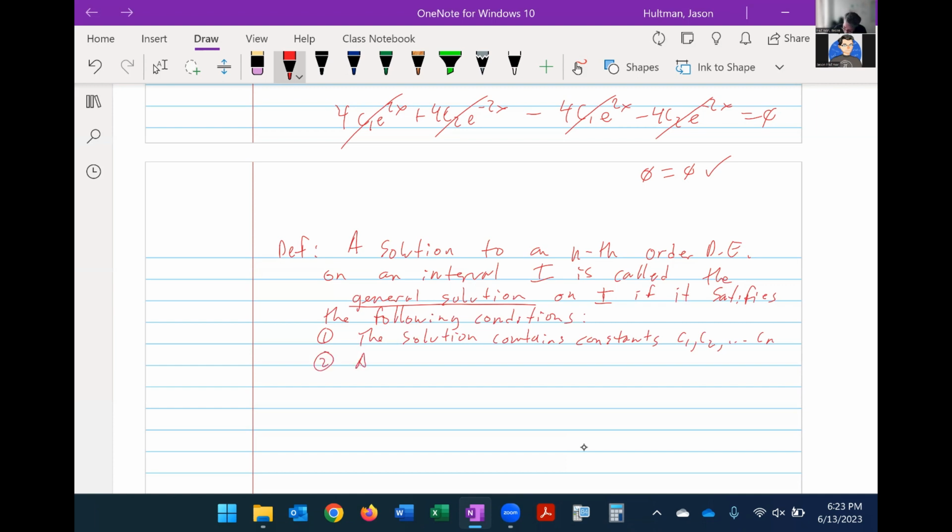And two, all the solutions to the DE can be obtained from assigning appropriate values to the constants.